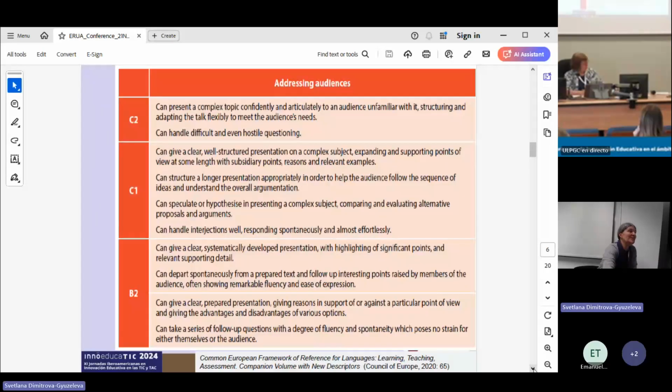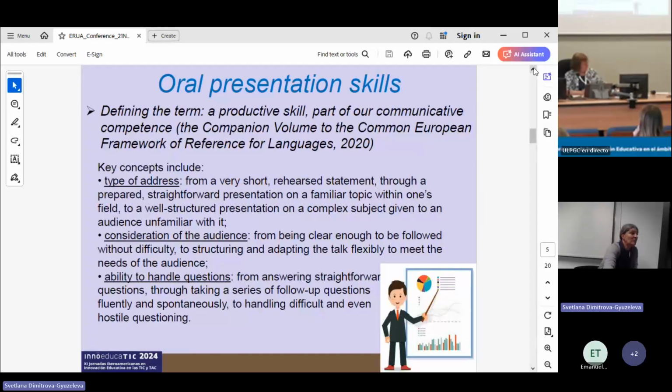It's a rather complicated skill, which, in the Common European Framework of Reference companion volume, which came out in 2020, is described in detail using these can-do statements.